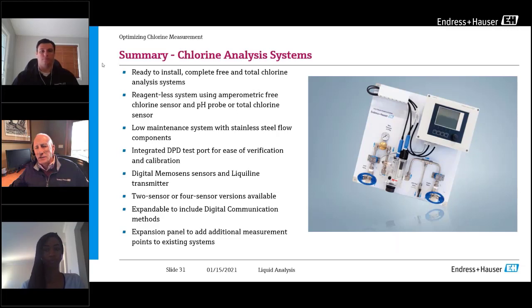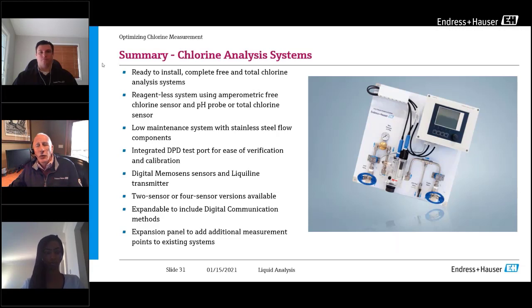The balance of hypochlorous acid to what it can go to in the other direction is what's called hypochlorite ion. And in water, the balance of those two is affected by pH. So that's why you need pH measurement to know whether you're leaning towards the hypochlorous acid direction versus the hypochlorite ion direction.